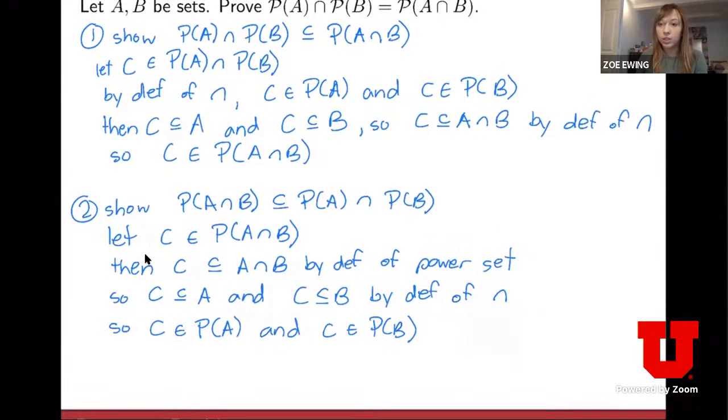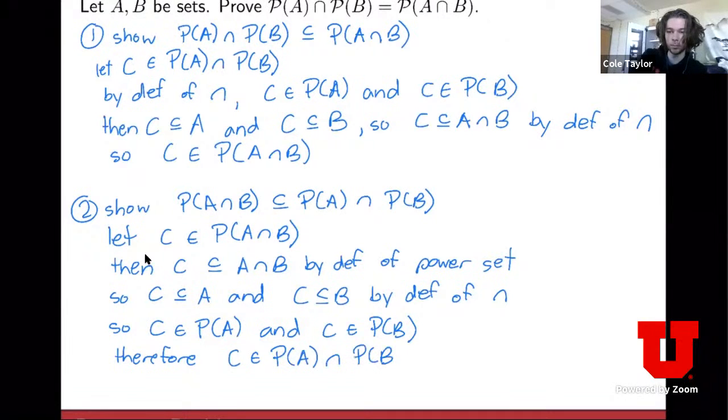What does this tell us? C is in the power set of A intersection power set of B. Therefore, C is in the power set of A intersect with the power set of B.